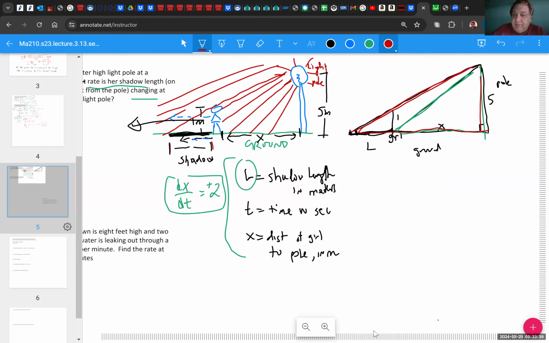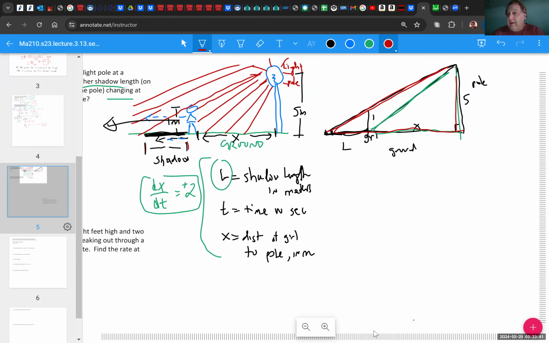All right, so a right triangle makes us think about the Pythagorean theorem, which is quite natural for right triangle problems. The Pythagorean theorem involves 3 side lengths, right? A and B and C, or in this case, something along the ground, something along the height, and the diagonal. We do not have any information about the diagonals.